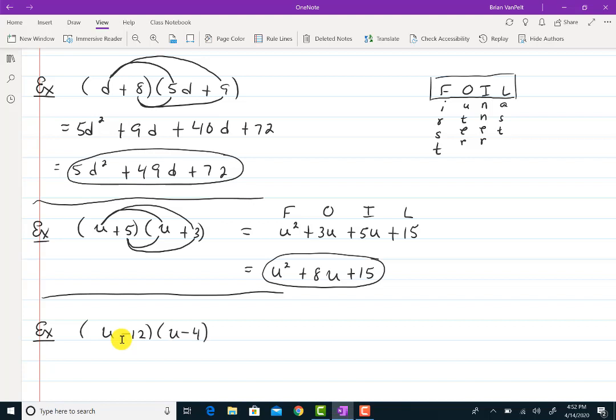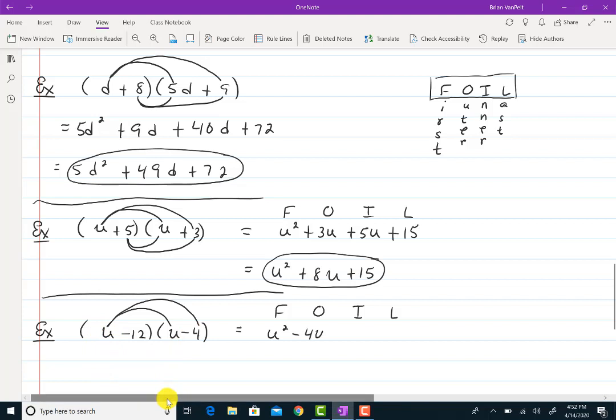Once again, I'll do the same thing as I did. I'll put my F, my O, my I, and my L, and keep doing it until you get comfortable. Start with my F, that's the u times u. So I get u squared. Now I got some minuses now. Then for my O, I have u times negative 4, so I got minus 4u.